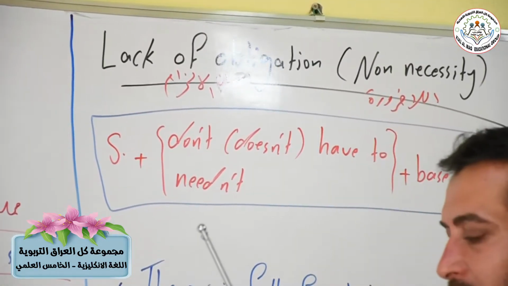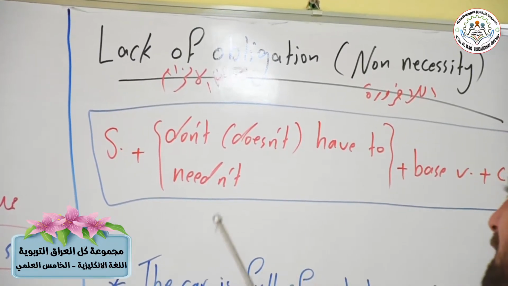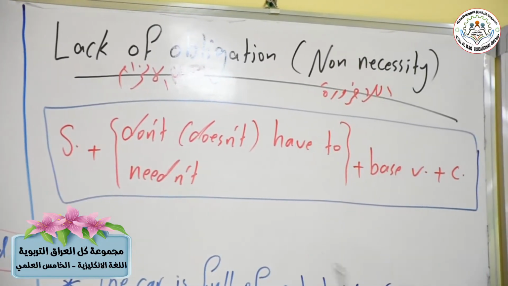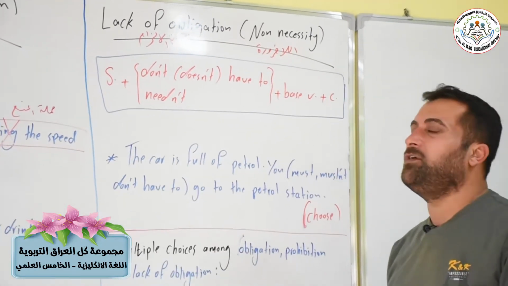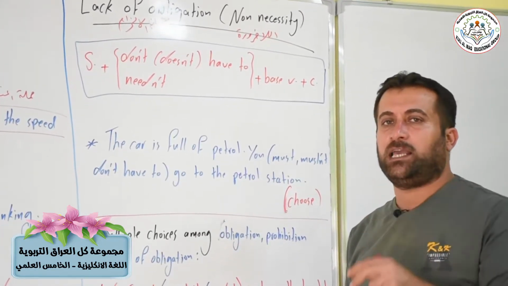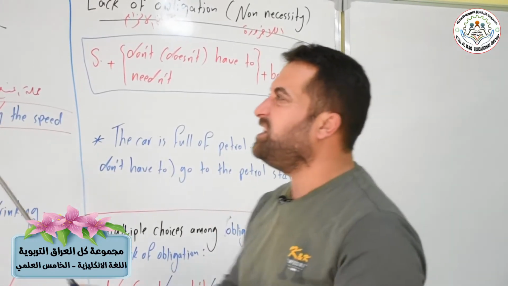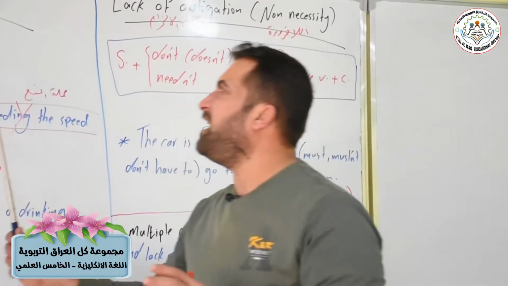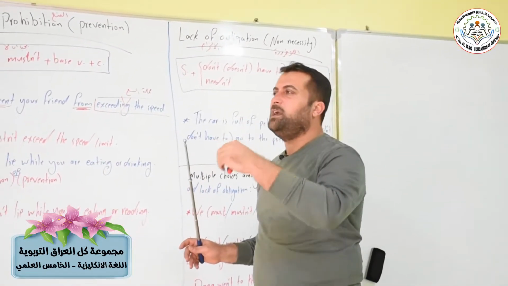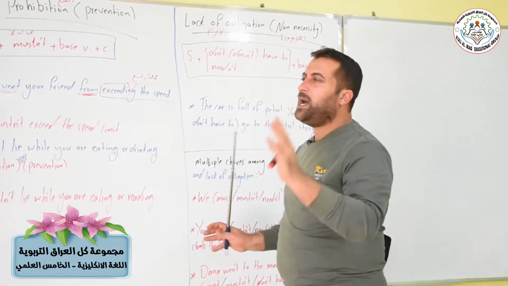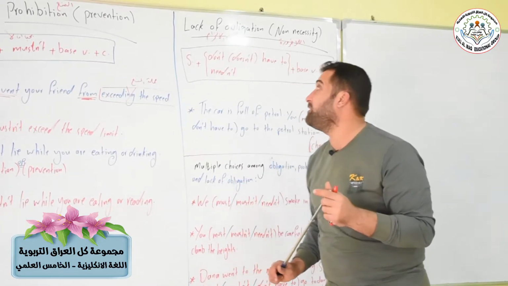In Arabic we call this subject "la da'i". Lack of obligation or non-necessity means it's not an obligation and it's not a prohibition or prevention. It is neither compulsion nor prevention. There is no necessity.